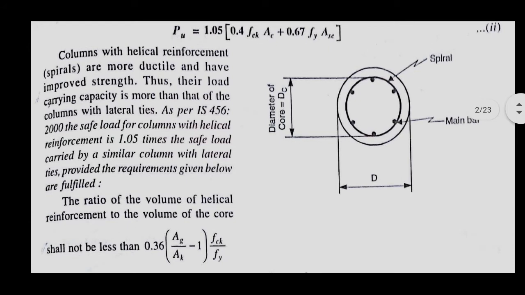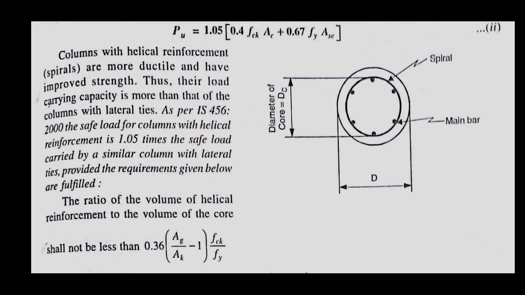On the right side you can see the diagram. This is a cross-sectional diagram of a circular column with helical reinforcement. You can see the core diameter here, and the main bars and spiral bars are also denoted.